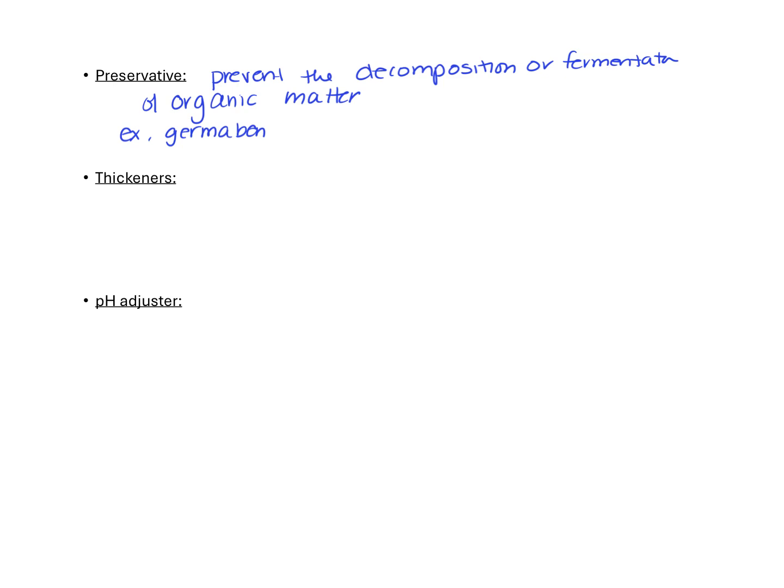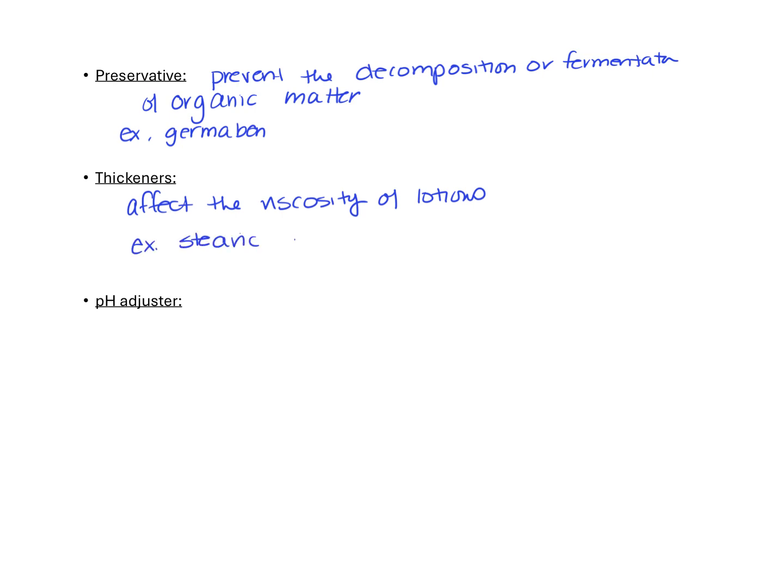So on every bottle, there should be a shelf life, and you should be able to see that. You'll have thickeners. Thickeners affect the viscosity of the lotions, right? A really good example is stearic acid is a lot of times used as a thickener.